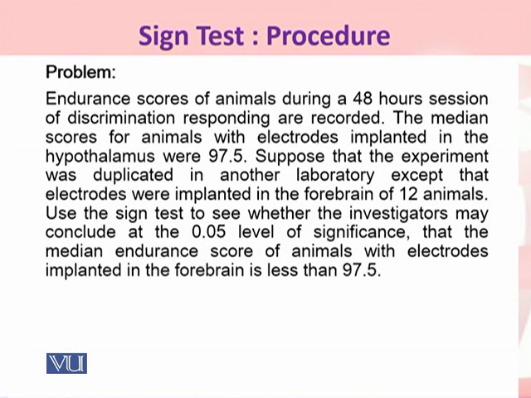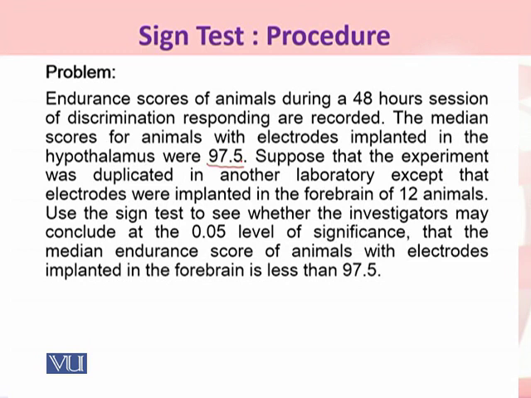Endurance scores of animals during a 48-hour session of discriminating responding are recorded. The median scores for animals with electrodes implanted in the hypothalamus were 97.5. So students, here the first information we have received is the median, which is 97.5 in this case.